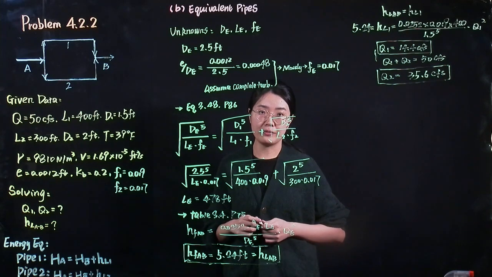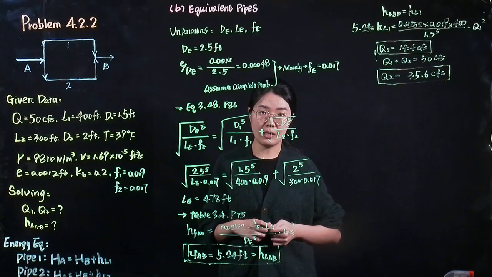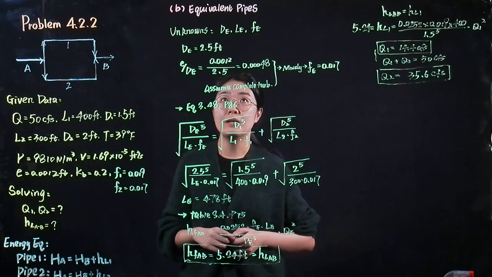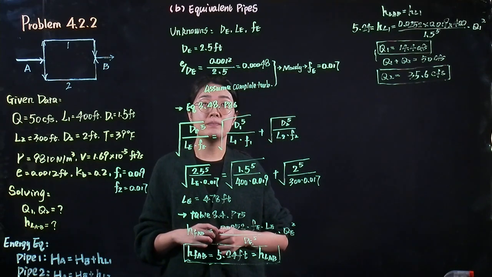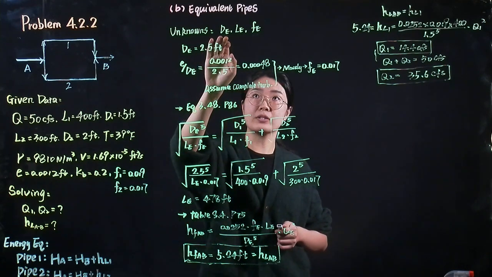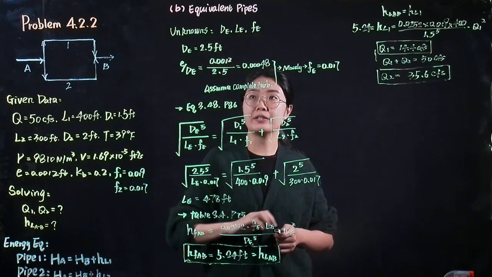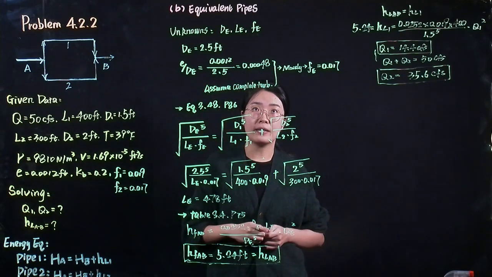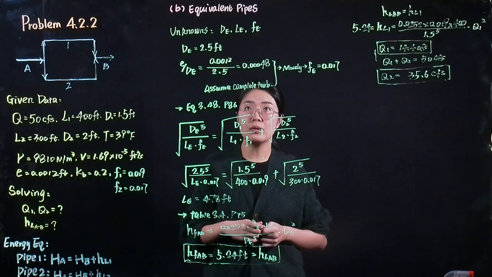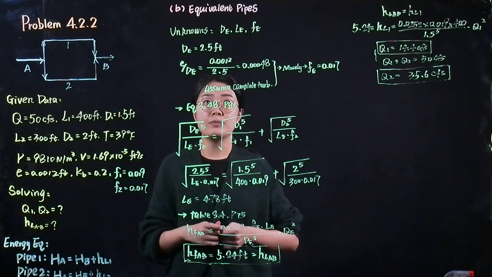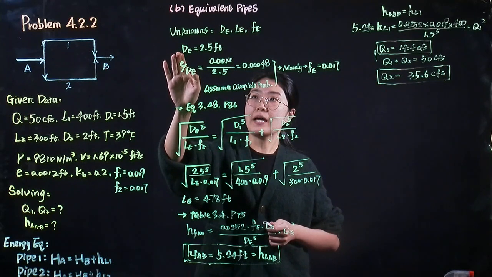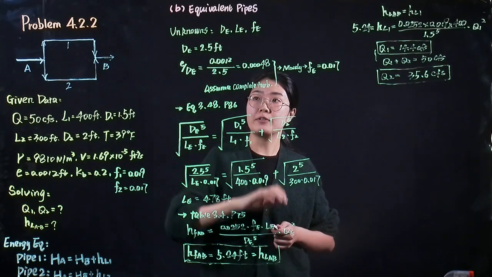Let's quickly review the steps to solve this problem by applying the equivalent pipes. By applying this method, there are 3 unknowns: the equivalent diameter, the length, and the friction factor. We can randomly assign the value to 2 of them. In this problem, we assign the equivalent diameter equals to 2.5 feet.